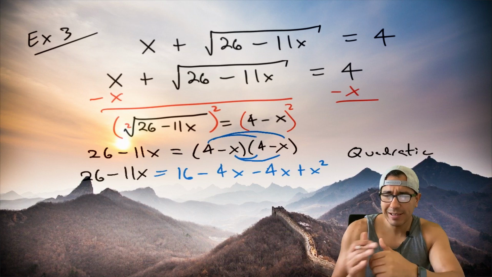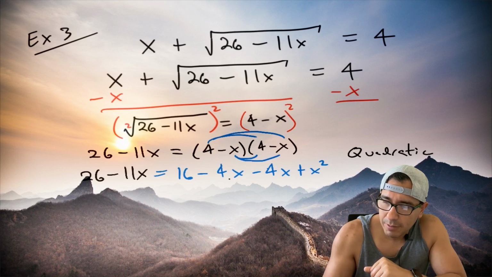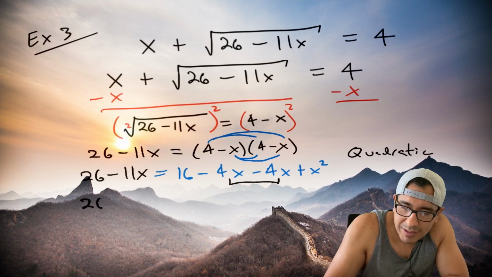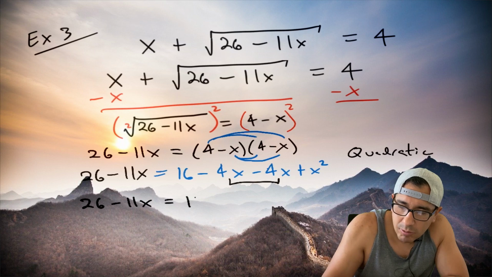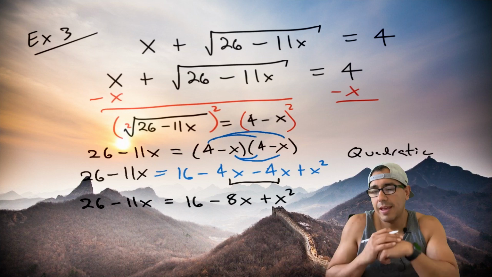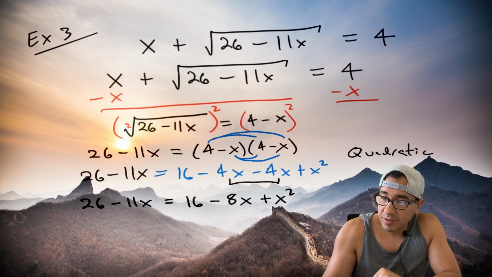So let's go ahead and clean things up here and let's take a look. So let me combine like terms before we do so. So we're left with 26 minus 11x equals 16 minus 8x plus x squared. All right, so now we're gonna set one side equal to 0.